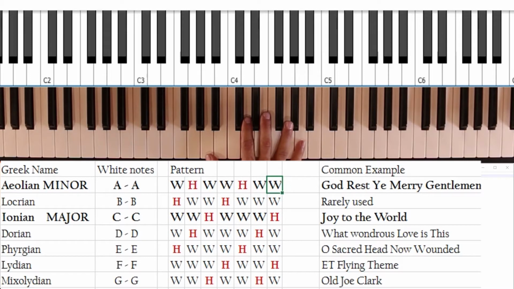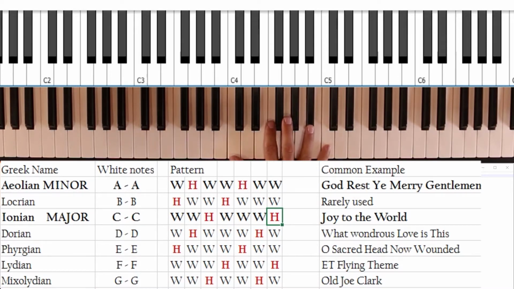Now you notice the difference in order there and also the difference in sound. This is the Ionian. This is the Aeolian. How do you create that difference in sound that you hear? It's simply the order of whole and half steps. What difference does it make?